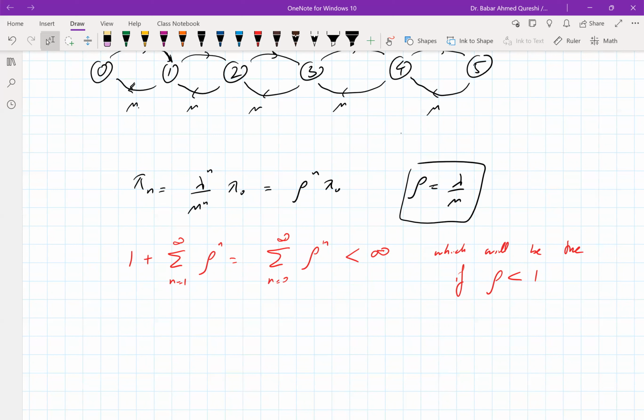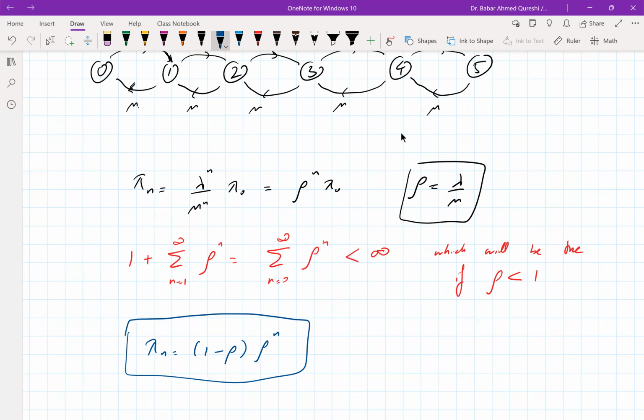It's just blowing up. And in this case, you can sum the geometric series to get this as your stationary distribution.